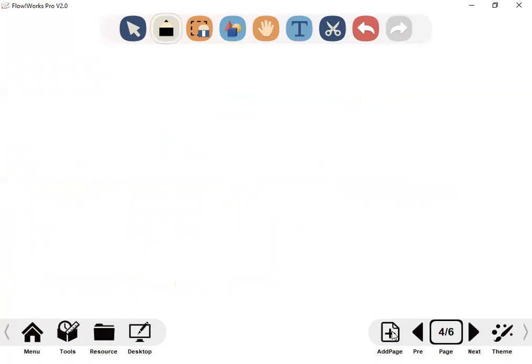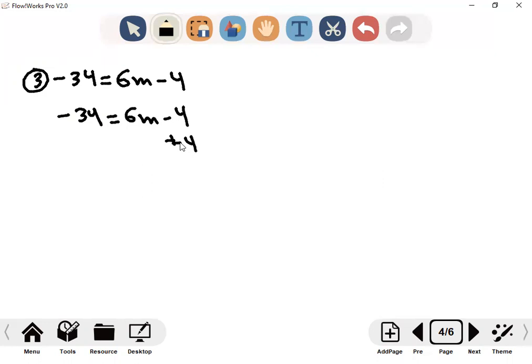In question 3, we have negative 34 equals 6n minus 4. Hassan, what do we need to get rid of? The first step. Which 4? Negative 4. By adding 4 on both sides. So negative 34 equals 6n minus 4, add 4 on both sides.